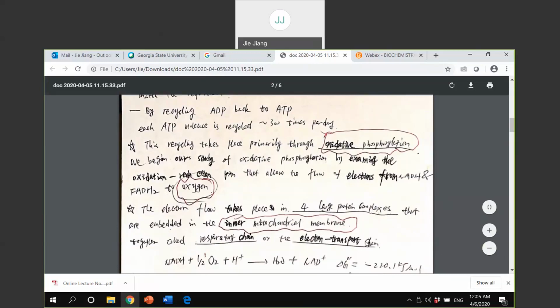This whole process, these 4 large protein complexes, is called the respiratory chain or the electron transport chain. Here I forgot to write, it should be ETC. When you say ETC, it means electron transport chain.